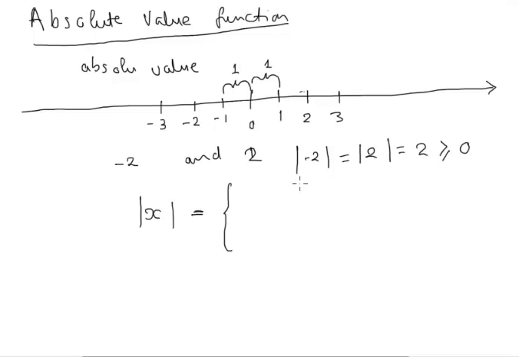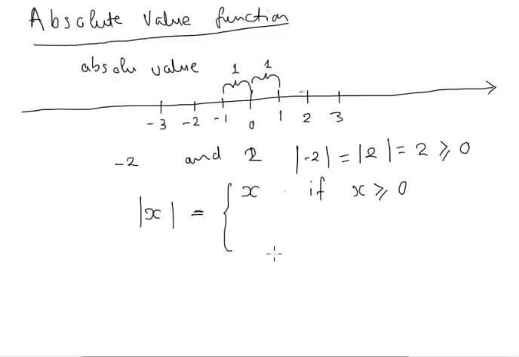So we say the absolute value of x is x if x is greater or equal to 0. But x is not always greater or equal to 0. It could be less than 0.